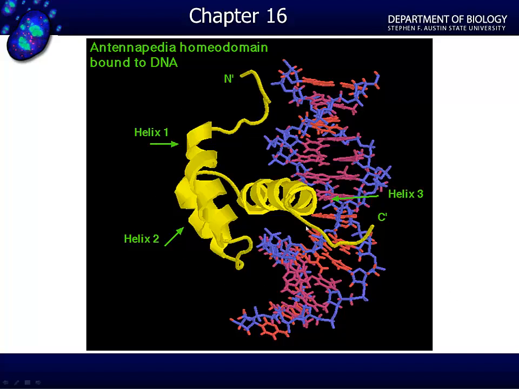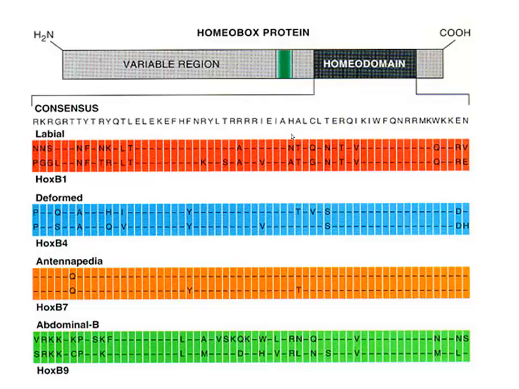Here you can see a homeotic gene, and you can see the helix, loop, helix, and how this helix fits right into that groove of the DNA. Then we're going to have other DNA portions that interact and open the DNA so that it can be transcribed in a certain position, and those gene products be activated. Now, when we look at the homeobox motif, here's the homeodomain, the homeobox.